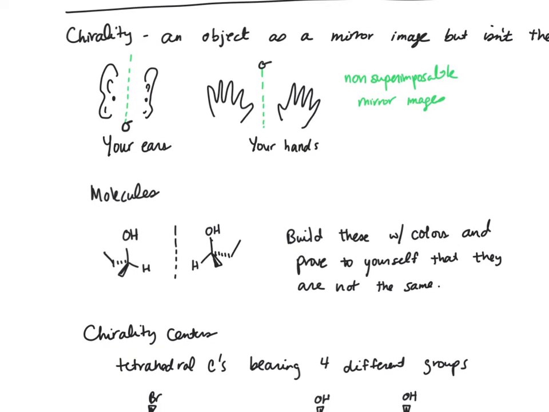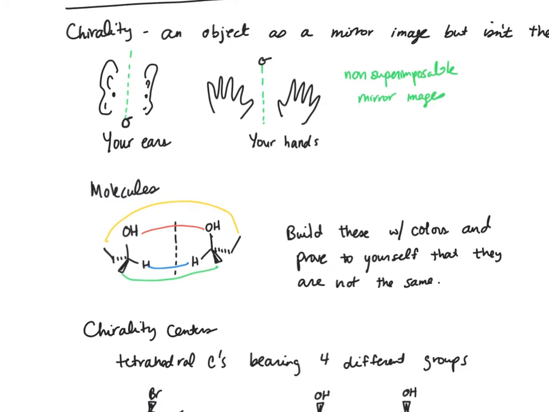Molecules can also be non-superimposable mirror images, and I've shown an example here. You can see that if you trace everything from the left to the right, it all matches. But if you try to make a model of this compound, you won't be able to overlay these two molecules.